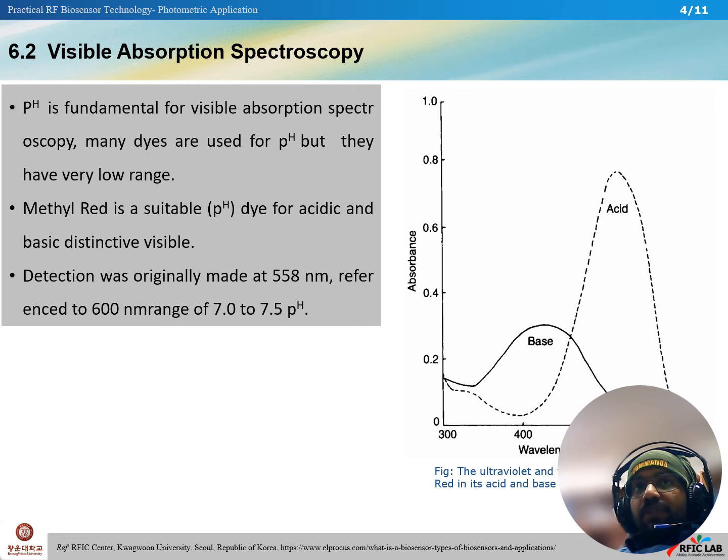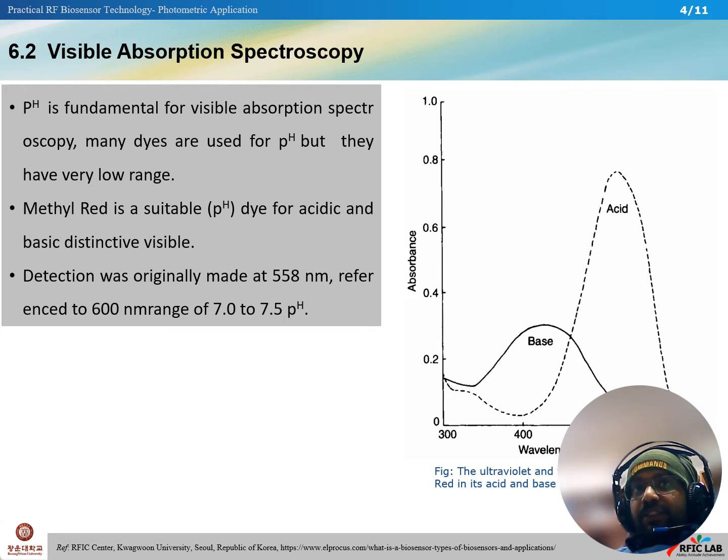Now the visible absorption spectroscopy. As we mentioned, visible absorption spectroscopy distinguishes acid and base on the basis of pH. So pH is fundamental for visible absorption spectroscopy. Many dyes are used for pH, but they have a very narrow range, so it only measures from 7 to 7.5.